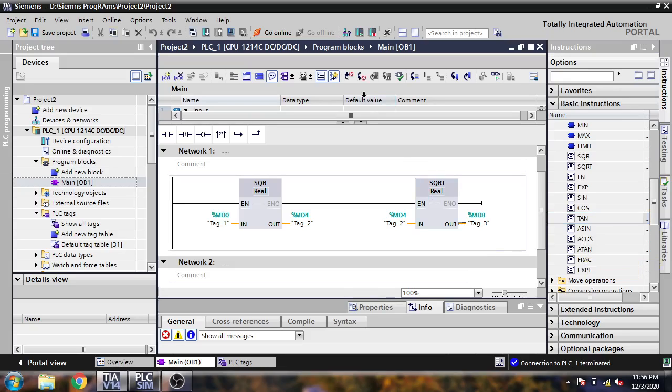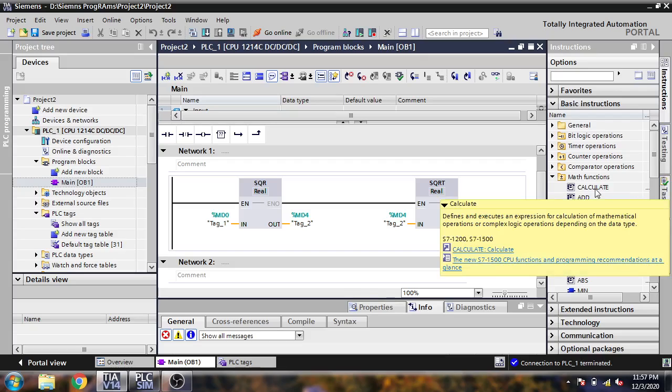So these are the functions of math. I'm just going to tell you about the whole set, because the whole set of functions is not used in programming, but it will be used in advanced programming if you need it. So these are the basic math functions of TIA Portal used for programming.